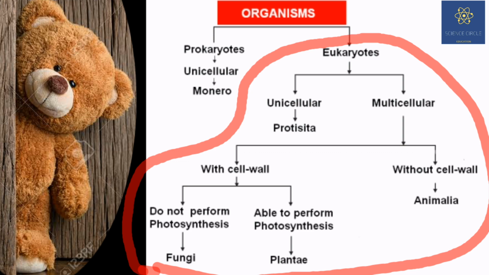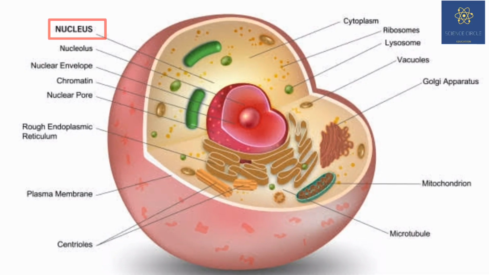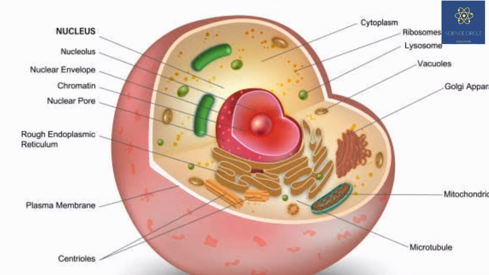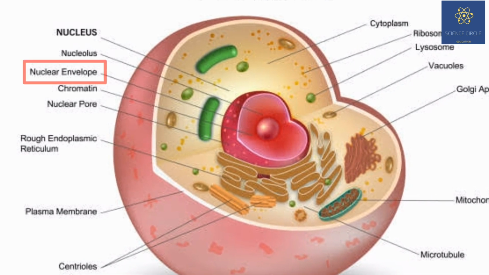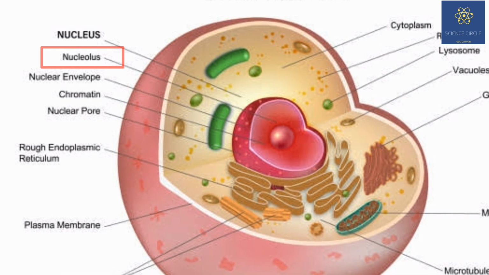Structurally, eukaryotes possess a cell wall which supports and protects the plasma membrane in case of plant cell. The cell is surrounded by a plasma membrane which controls the entry and exit of certain materials. The nucleus contains DNA which is responsible for storing all the genetic information, surrounded by a nuclear membrane, and it also has the nucleolus.